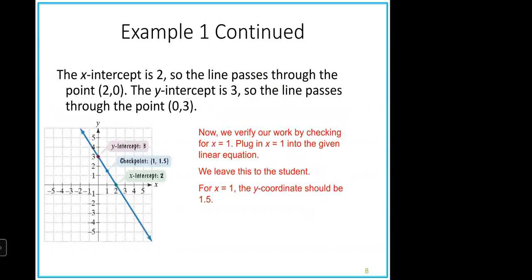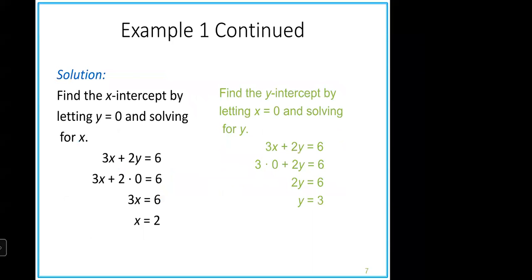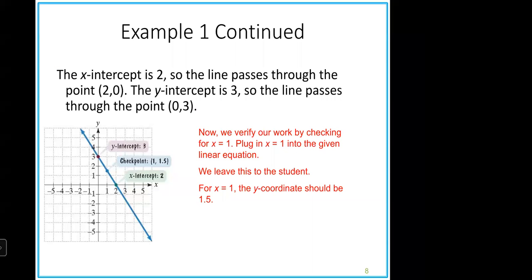So you're going to draw your graph, and based on what we had here, x equal 2, y equal 3. So x is equal to 2, so the line is going to pass through 2 on the x-axis. This is (2, 0). And then the line is going to pass through 3 on the y-axis. This is (0, 3).